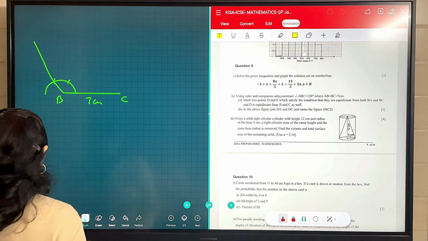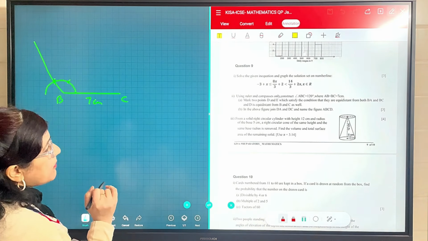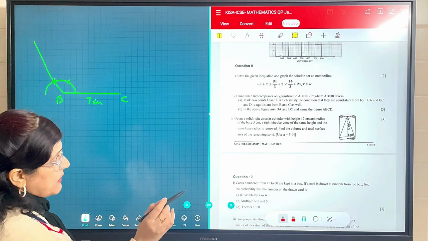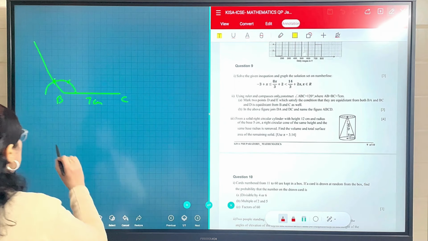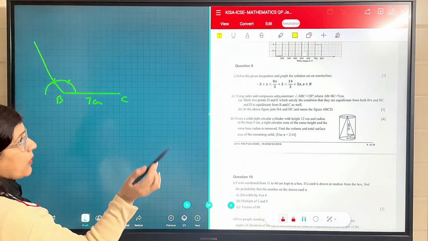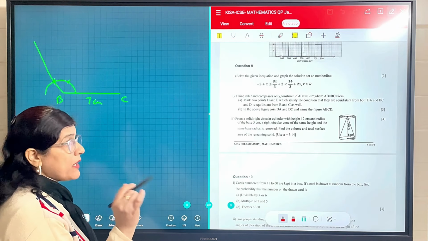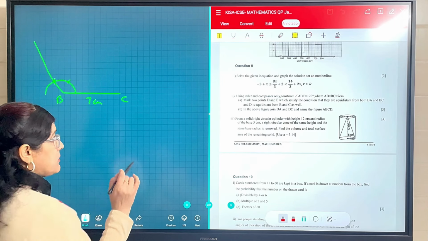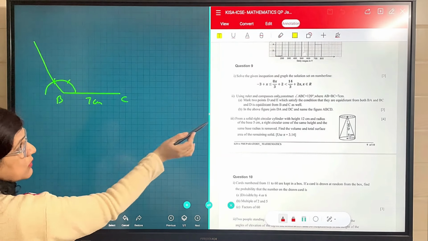So this is the construction of triangle ABC, and then mark 2 points D which satisfy the condition that they are equidistant from both BA and BC. If any point is equidistant from two lines, then it will lie on the angle bisector. For more clarity, you can watch my video on the loci chapter. So BA and BC. BA is this point, BA is also 7, right?